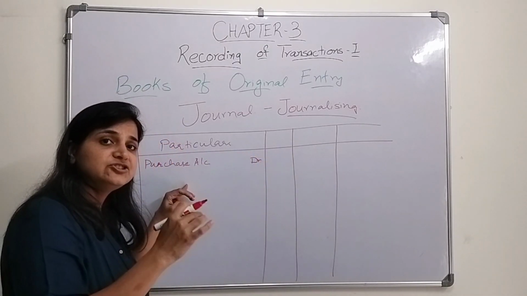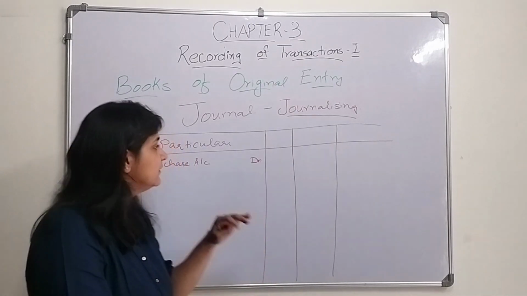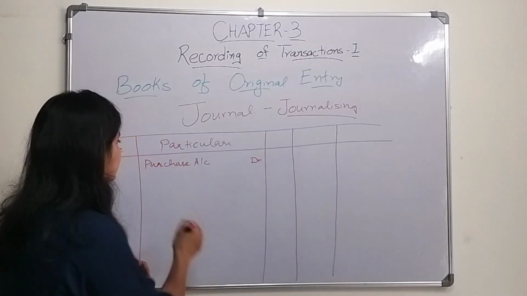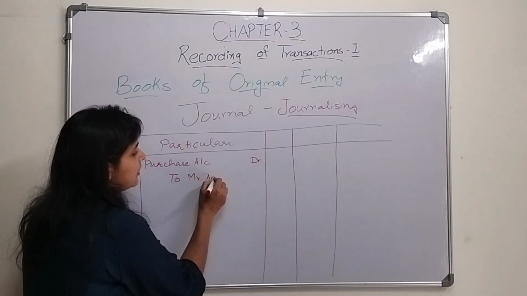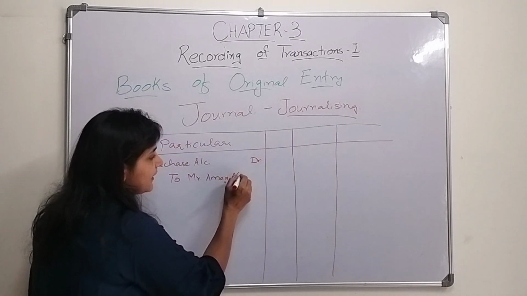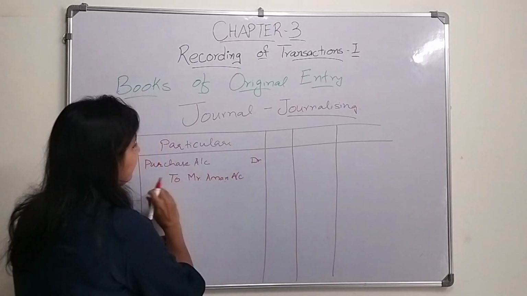I purchase goods on credit, purchases, my stock increases, so I debit it. I purchased it on credit from Mr. Aman, so to Mr. Aman account, he becomes my liability. My liability increases.